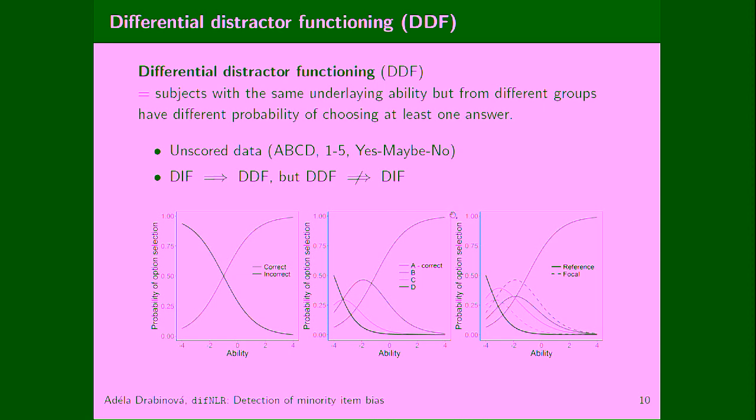This situation may be as in figure 2, but there can be differences between a reference and focal group, similar to DIF. This concept is called differential distractor functioning. So, technically speaking, subjects with the same underlying ability, but from different groups, have different probability of option selection.